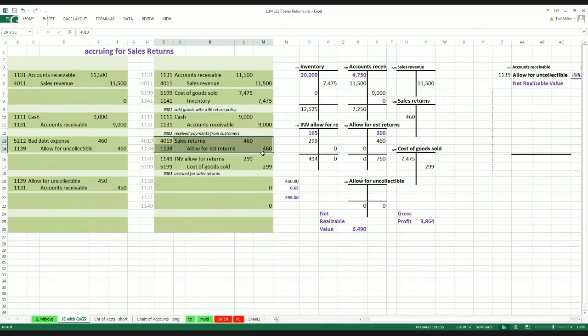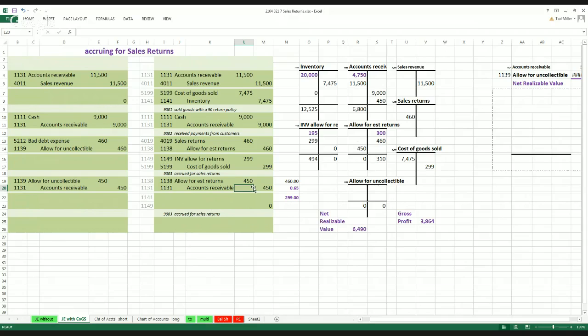But we're putting the pain and suffering in the period of the sale. Okay, so this adjusting entry reduces the net realizable value of my accounts receivable. It reduces the net sales, gross profit, and net income. So I put all the pain and suffering in the year of the sale, and then when they actually return goods next year, I know the problem says that Joe returns $450.